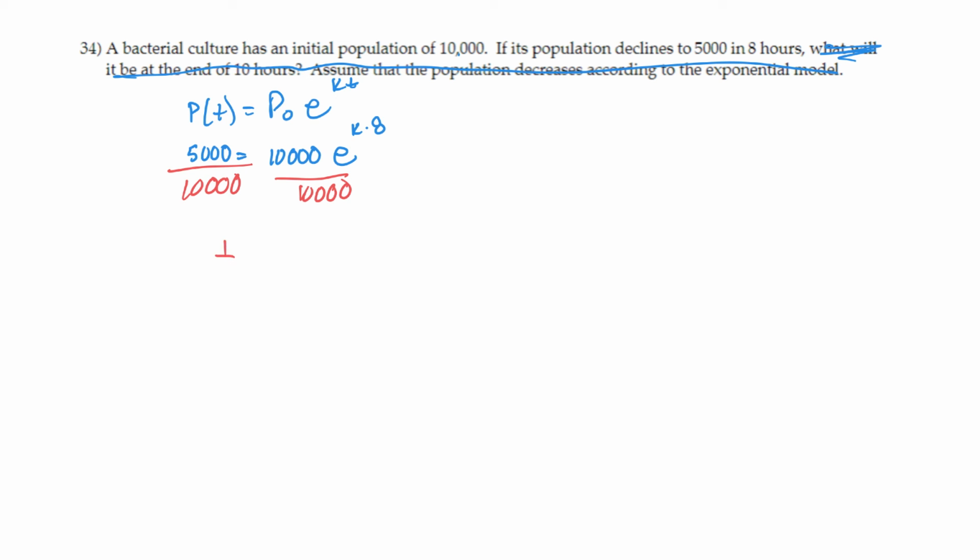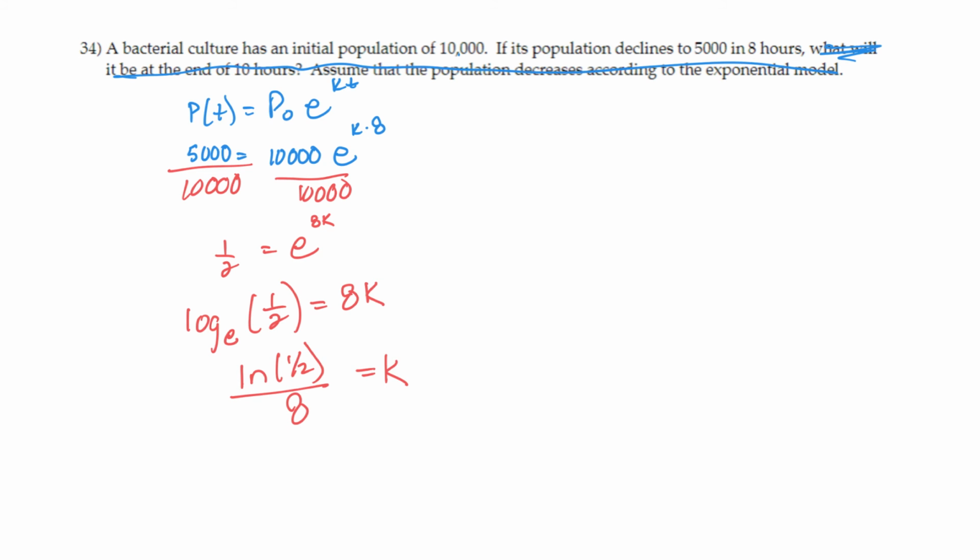So I get 1/2 is equal to e to the, we'll call that 8k. Change it to log form. Log base e of 1/2 is equal to 8k. Log base e is the same as ln. So this is ln of 1/2, or 0.5, divided by 8. That's going to be equal to k.